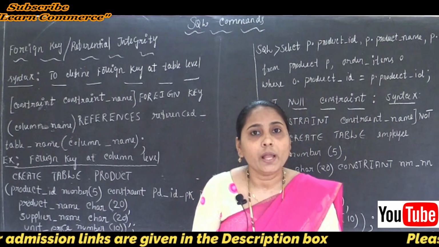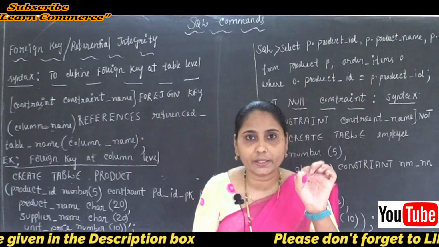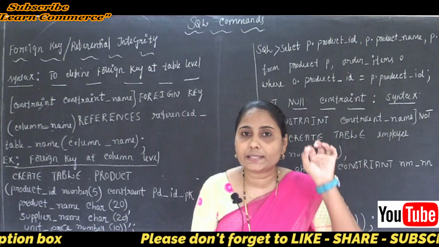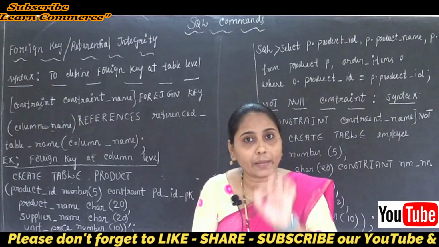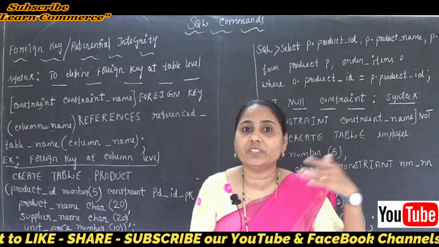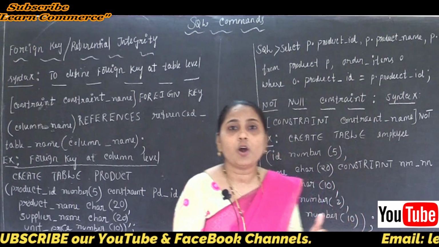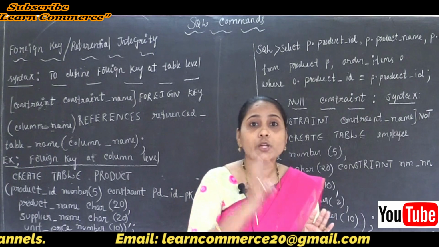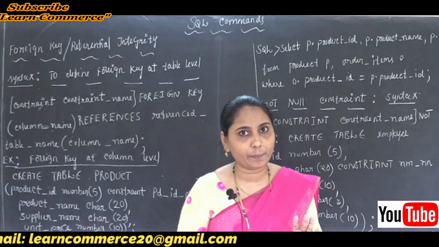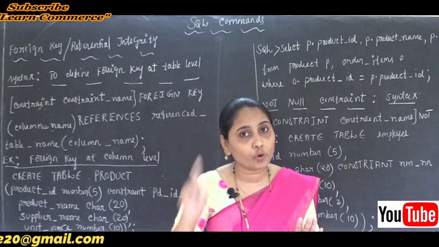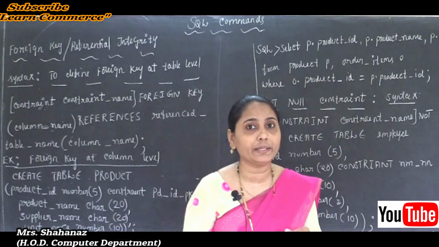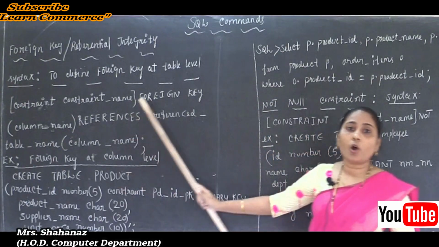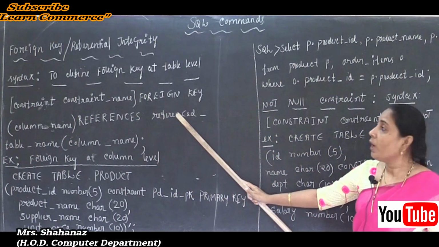For a column to be defined as a foreign key in one table, such key is defined as a primary key in another table, which it refers to. It establishes the relationship between two columns in the same table or between two columns in different tables. So these are the constraints or rules about our foreign key.